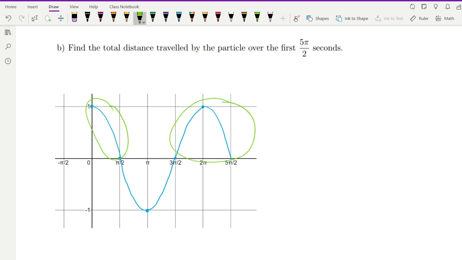Whenever the velocity function, which is what we just graphed, lies above the t-axis, that means the velocity is positive, and so the particle is traveling forward. If we look at the places where the velocity lies under the t-axis, that reflects when the particle is moving backwards, because its velocity is negative.